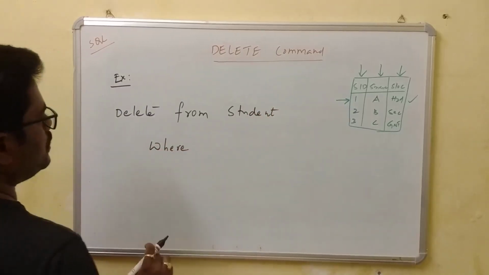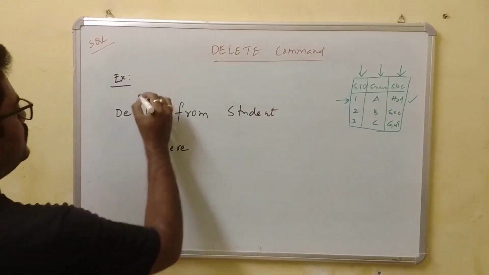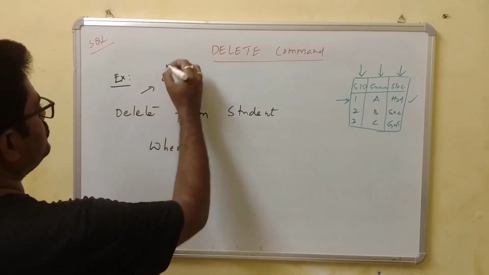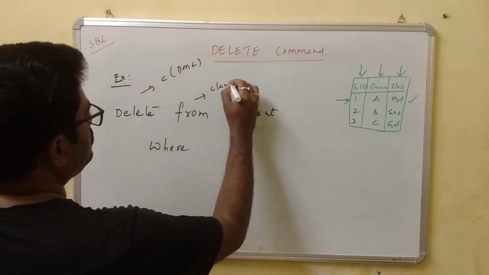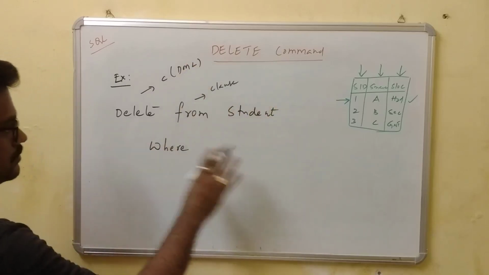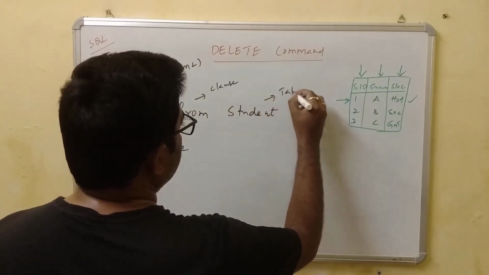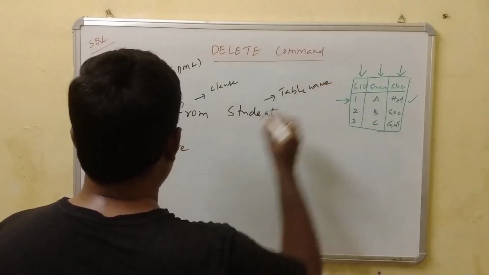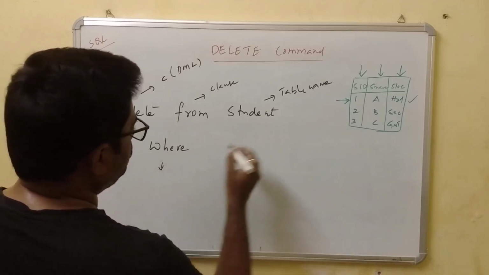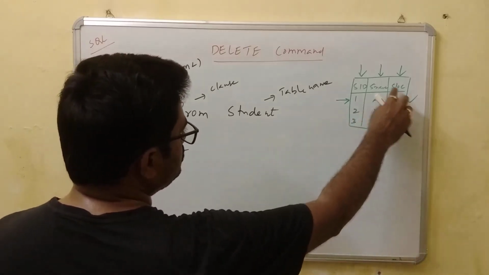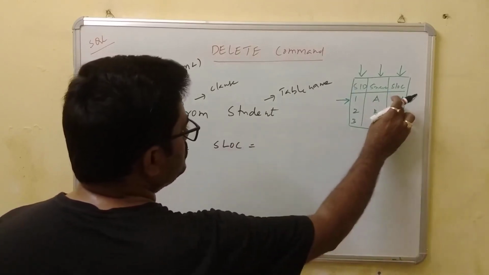Here delete is a command, which is called a DML command, and from is a clause. We use these in the query as a grammatical part, and this is the name of the table. Where is also again a clause. As per our syntax, we need to specify the location. Location equal to, and this is of type varchar.